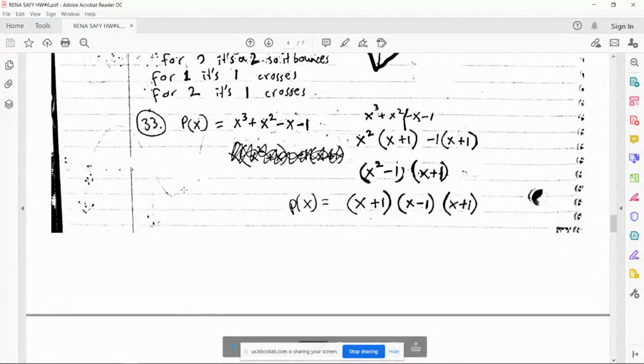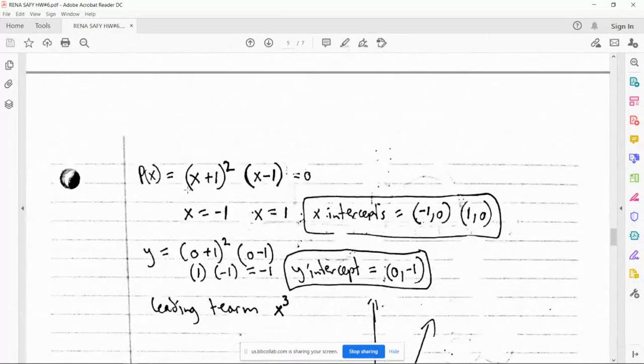So for 33, I factored the function, and then I ended up with x squared minus 1 and x plus 1. And then I brought down the other x plus 1 because there were 2 of them, and then I set them to 0 to find the x-intercepts, and then it's -1 and 1.